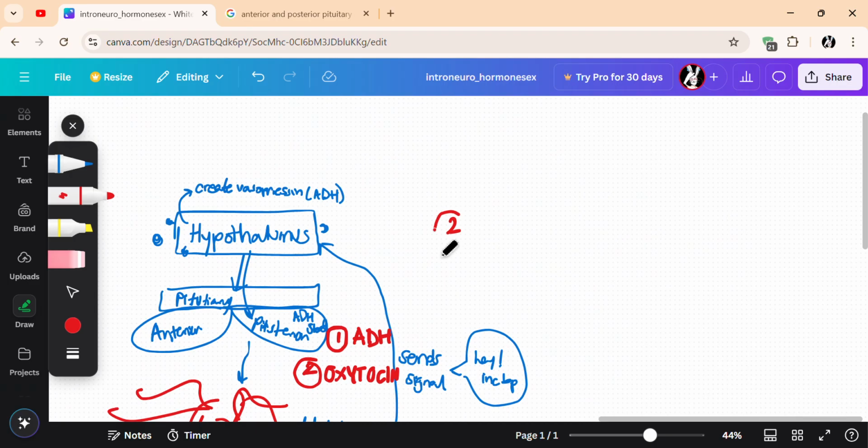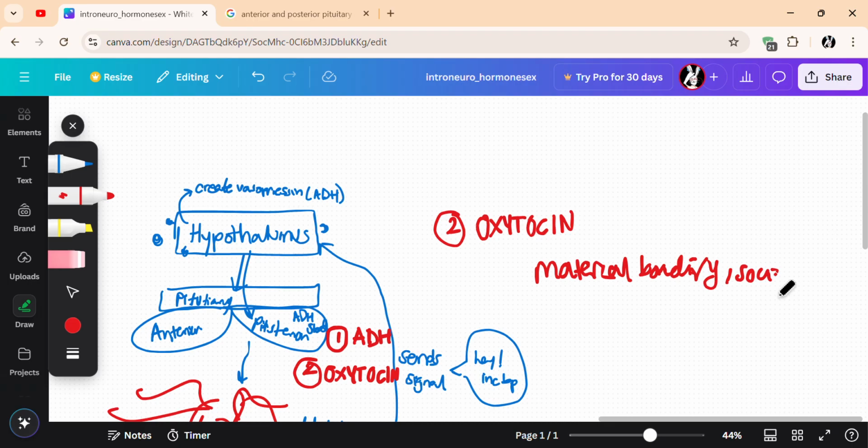Now, for oxytocin, there is still a lot of research going into what it is involved in, but generally it's involved in maternal bonding, social skills, and so on.